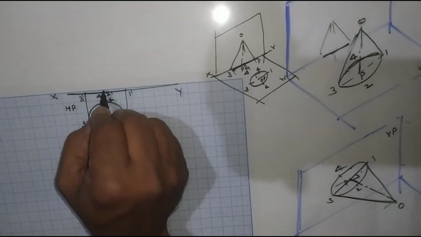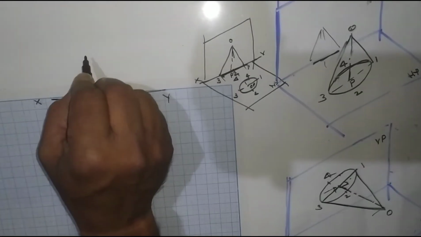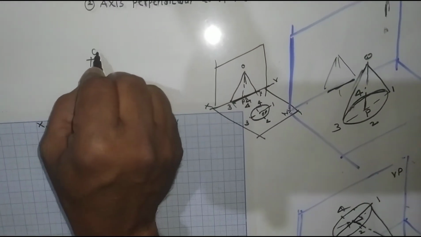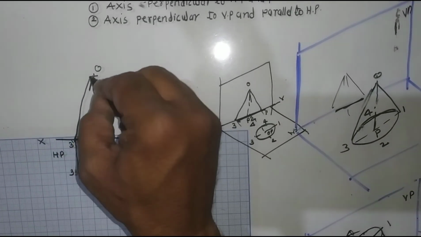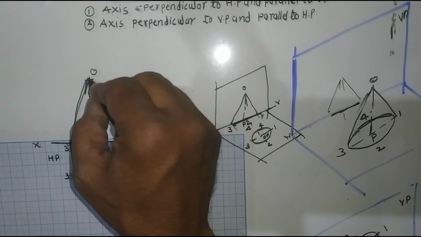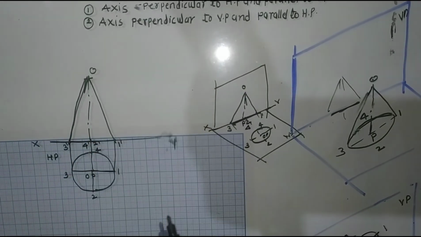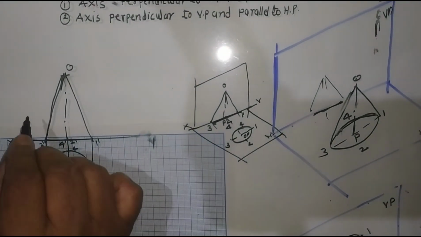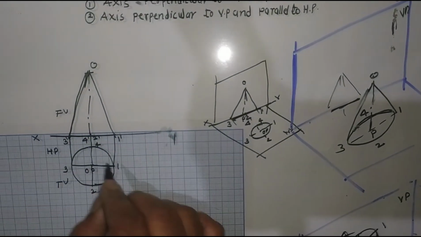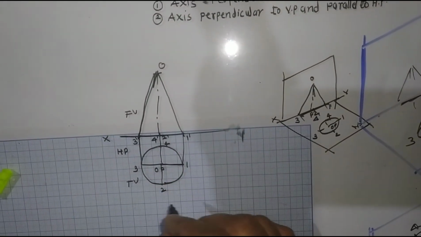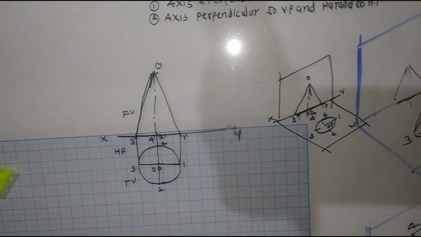Now this is the axis OP perpendicular to HP. They will give the axis length OP, and we have to draw the circle here with the scale. This is the front view and this is the top view. Where have we started here? In the top view first, because the axis is perpendicular to HP.